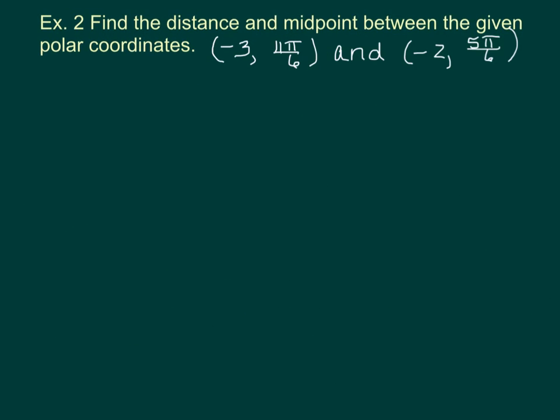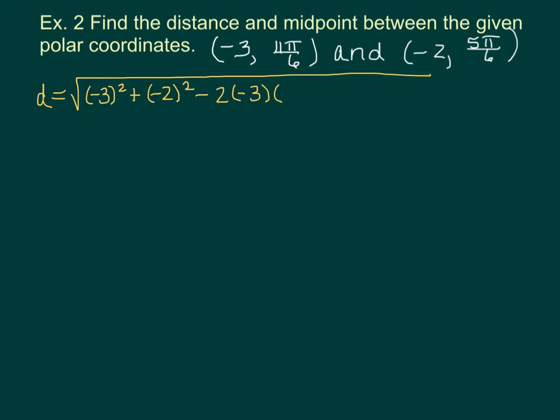Okay, we're going to do one more example where we actually have radians. So first I'm going to find the distance. And you do the same setup. So you do r1 squared plus r2 squared minus 2 times r1 times r2 times cosine of theta 2 minus theta 1.